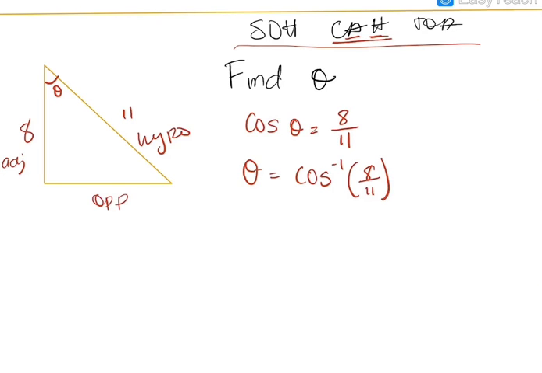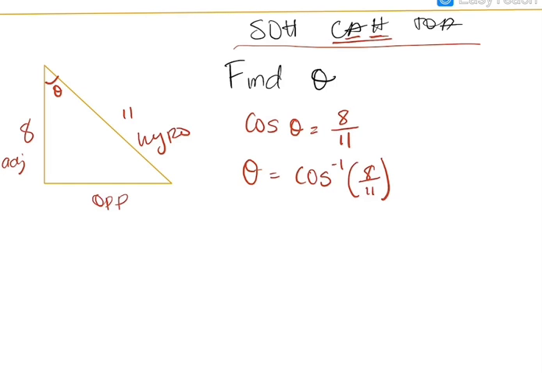But just know that when you're finding theta, when you're finding the angle of the triangle, you're going to take the inverse of cos. You're going to take the inverse cos, that's what it's called. You're going to take the inverse and then multiply that with it, right? Because usually what you would do is probably take away cos from both sides or something like that. But just know that this is how we're going to do it.